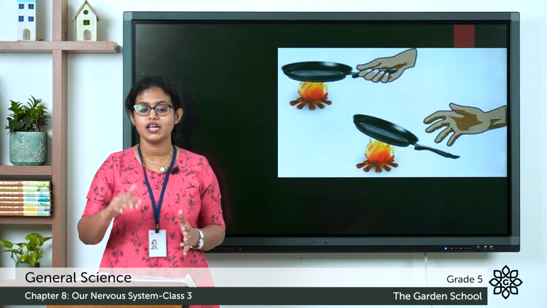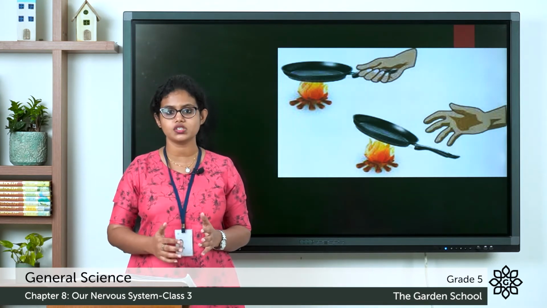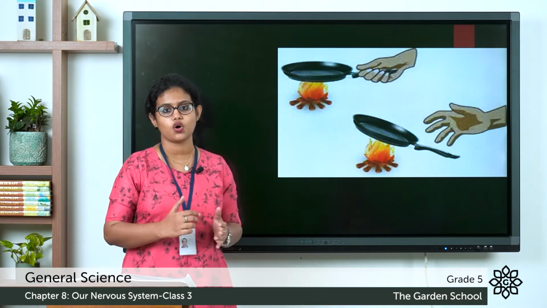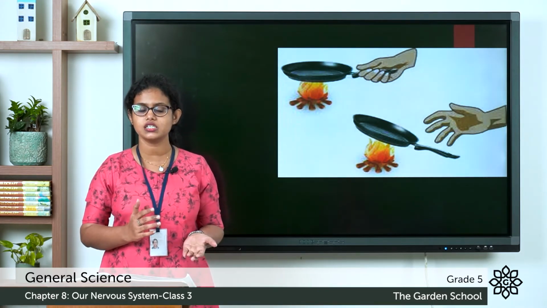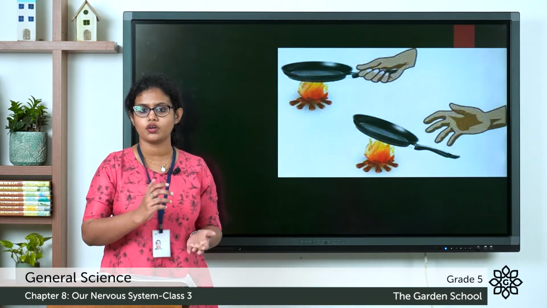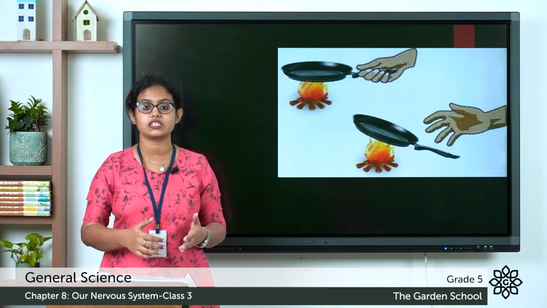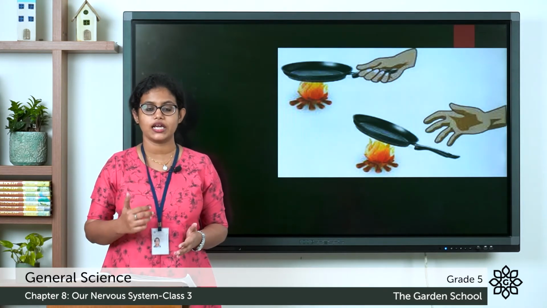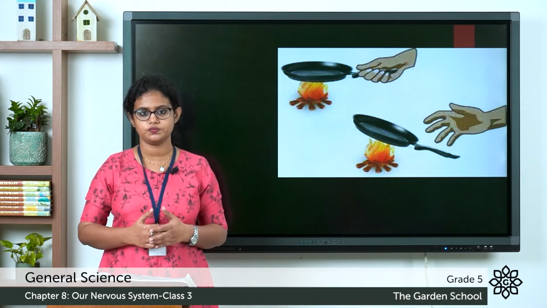Then the spinal cord produces a response to the foot, and you take your foot away from the thorn. So what is the stimulus here? The stimulus is stepping on the thorn. And the quick response or the reflex action is taking back your foot from the thorn.